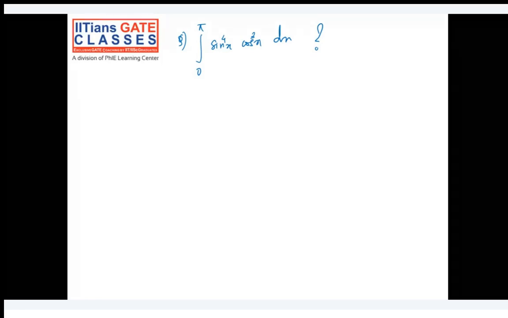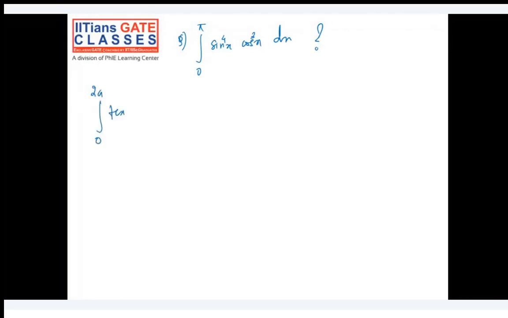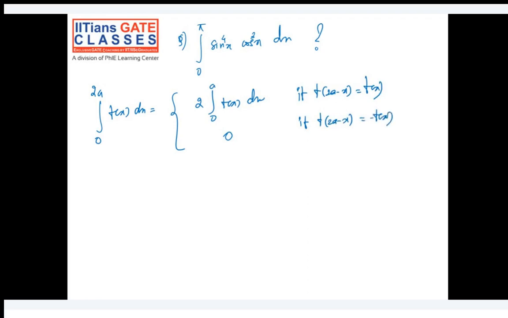Integration 0 to 2a of f of x dx is either equal to 2 times integration 0 to a of f of x dx, or 0, depending on whether f of 2a minus x equals f of x, or f of 2a minus x equals minus f of x. Why am I writing 2a? It's like 0 plus 2a. We check f of a plus b minus x equal to f of x or minus f of x, but here a plus b is 2a. That's why 2a is directly written. Keep that in mind.